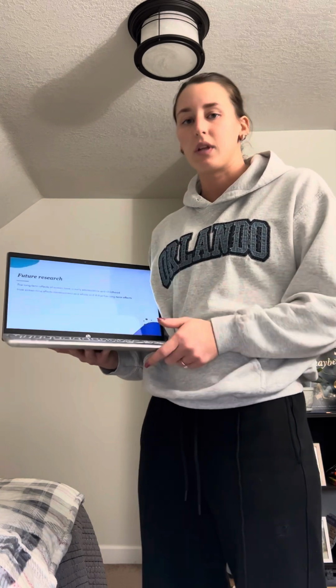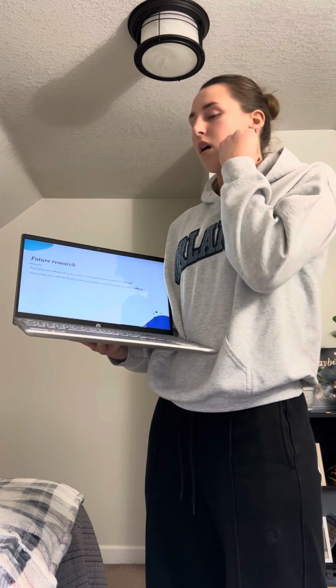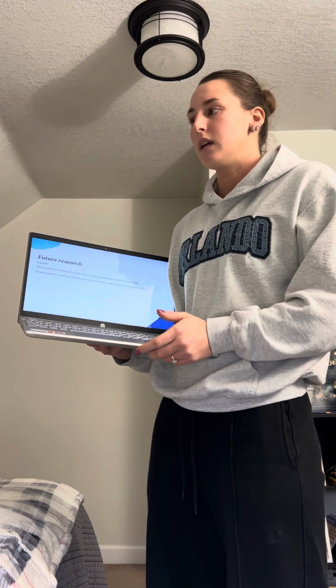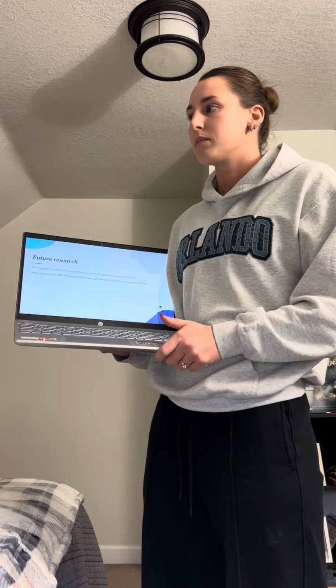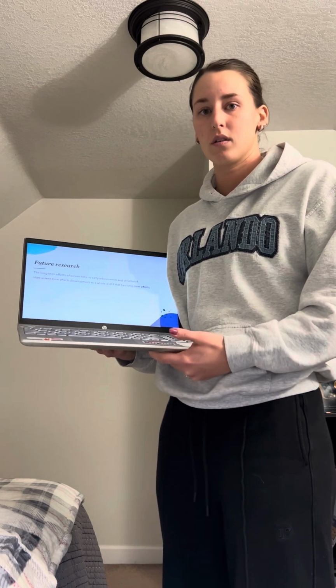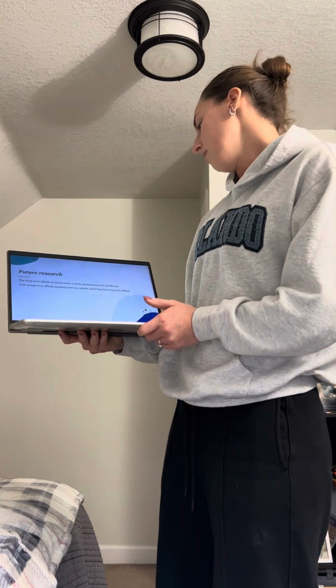And I think there's a lot of potential for future research with this, just because screen time is becoming a bigger thing, even with doing school online or educational videos rather than in-person talking with children.